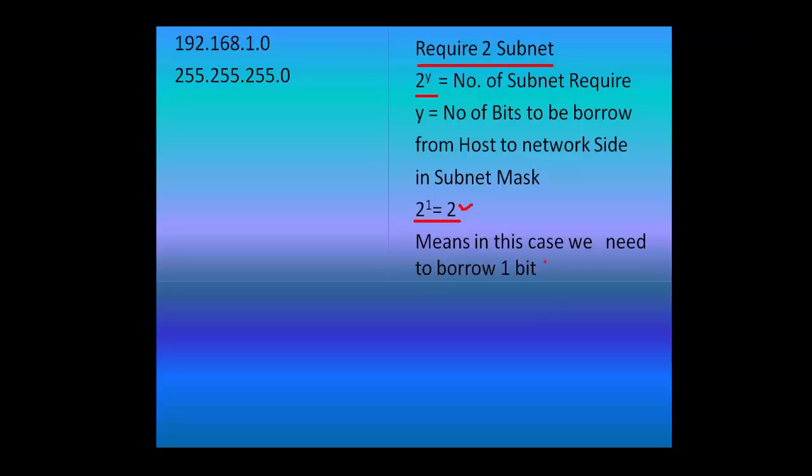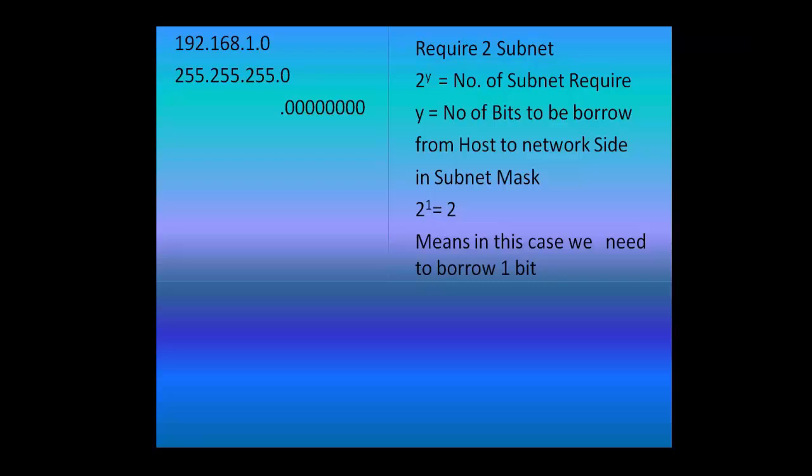That means we need to borrow 1 bit from the host side to the network side in a subnet mask. This is the default subnet mask if you convert it to binary, but according to this condition, requiring two subnets, we need to borrow 1 bit. I am repeating again and again, listen carefully.